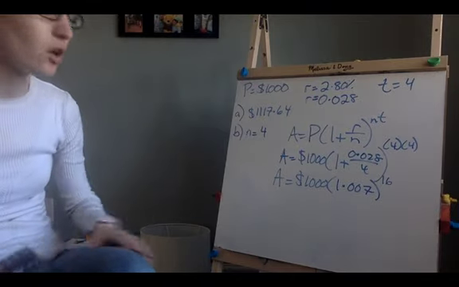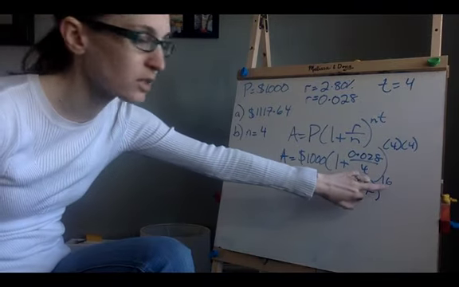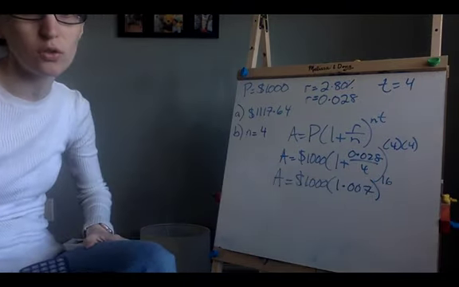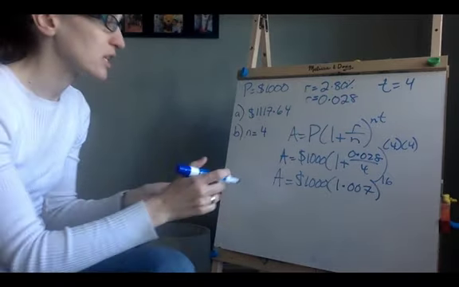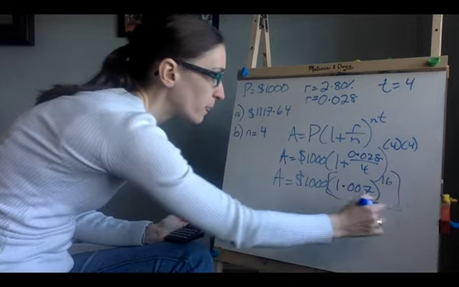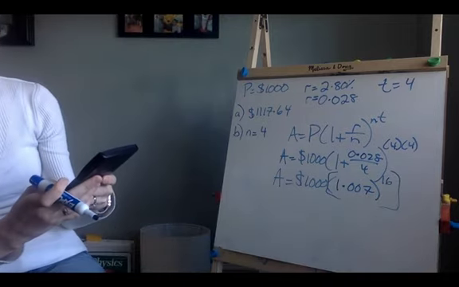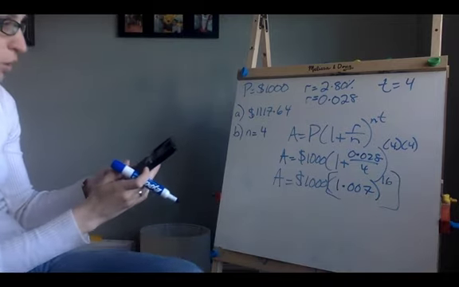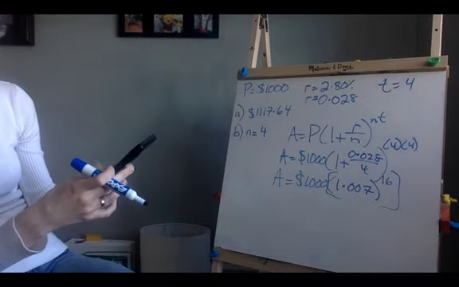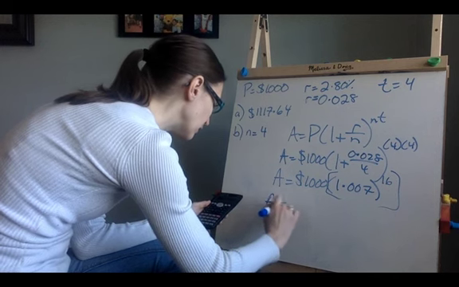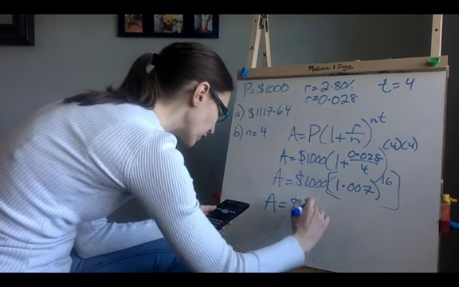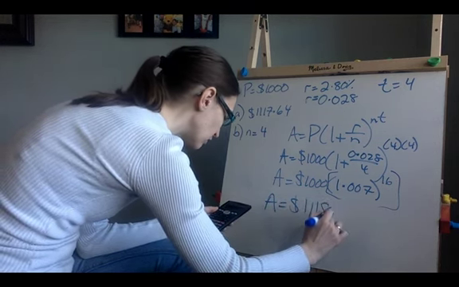As long as you make sure that you do the exponent part first, you could just do this all in your calculator, just making sure that the brackets go here, where you're doing 1,000 times bracket 1.007 to the power of 16 end bracket. Then what you get is a future value of $1,118.08.